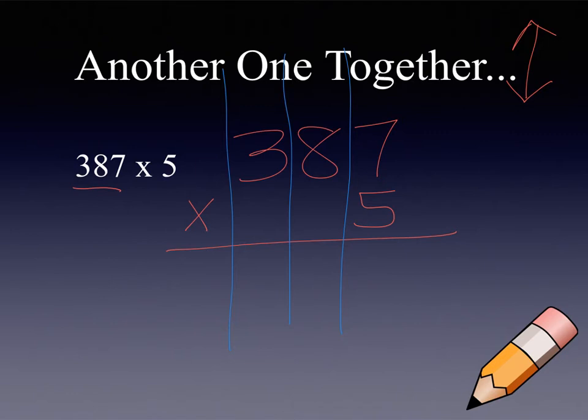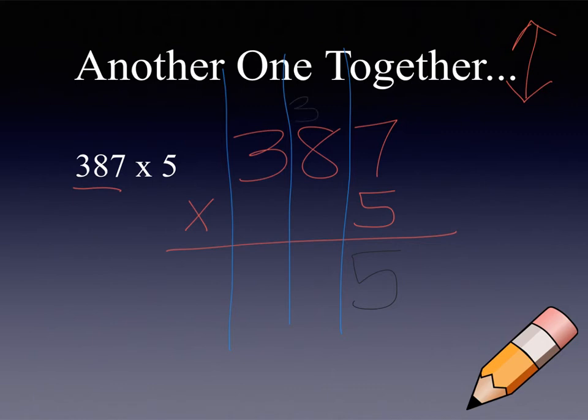All right, so starting out with my ones here, my number 5 is where I start. This is my base. I'm going to take this number and multiply it by each of the place values in this number, but I'm going to start with the ones. So 7 times 5 is 35. I have 5 ones and 3 tens. I don't know if it's going to show up in this black background.